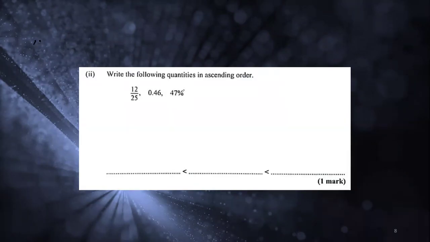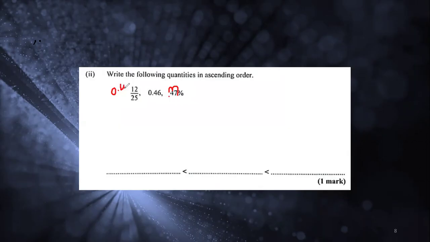The decimal point is at the very end here, and then you jump 1, 2, and the point goes here, so this becomes 0.47.